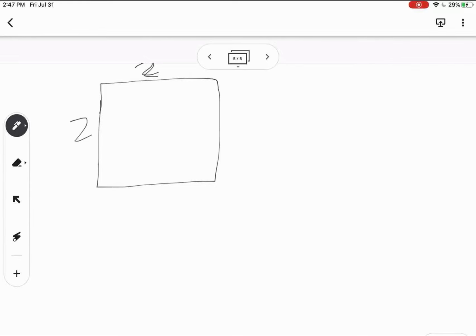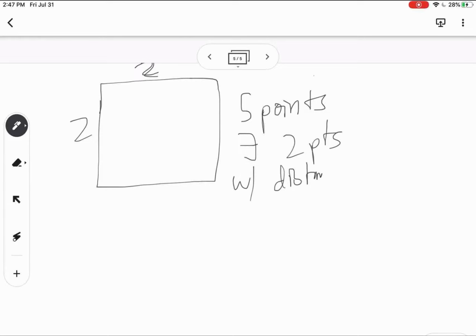If you have a 2 by 2 square and you have 5 points, show there exist 2 points with distance less than or equal to root 2.